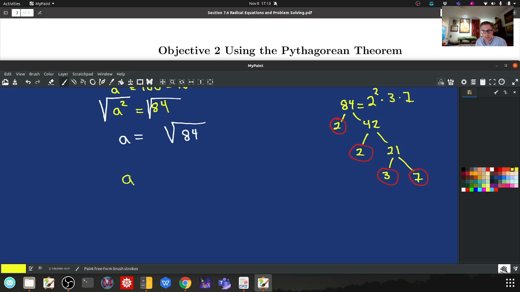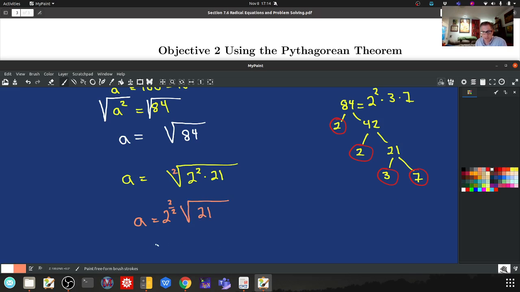So A is equal to the square root of 2 squared times 3 times 7, which I'm going to write as 21. Since my index is unwritten, but it's equal to 2, and the exponent of this 2 is divisible by 2, that gives me A is equal to, I can bring the 2 squared out, divided by the index, times what's left behind, which is my 21.